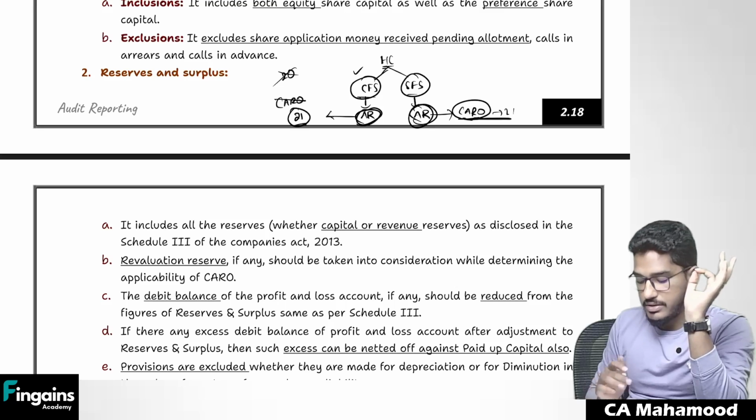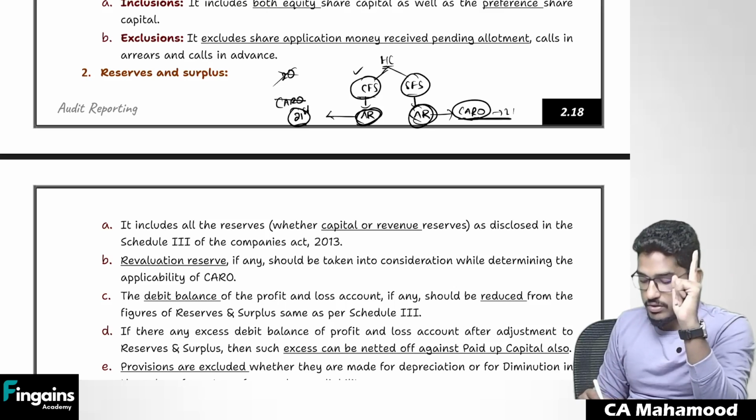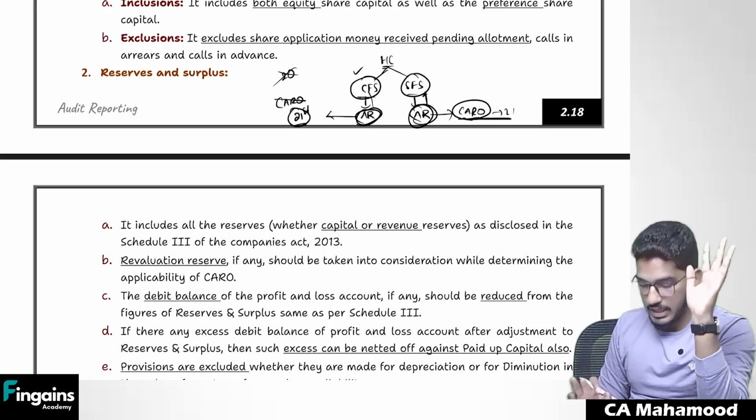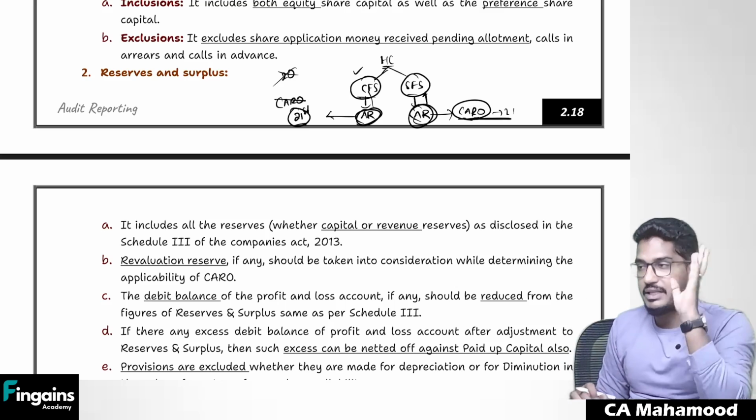The initial 20 clauses need not be reported. Only the 21st clause, only one clause, will come in the audit report of consolidated financial statements. In the standalone financial statements, all the clauses are going to come. Understood? So these are some special points which you need to consider in the calculation.